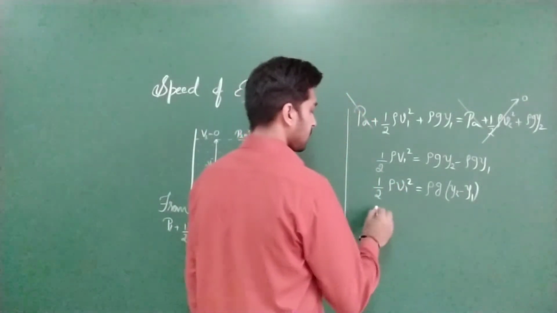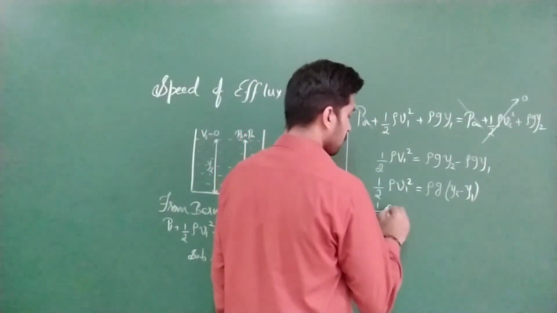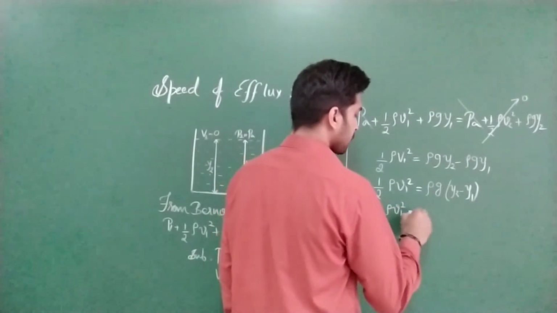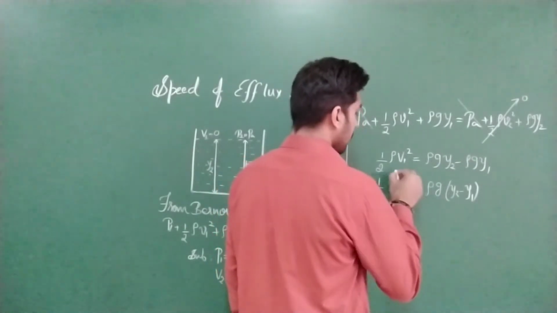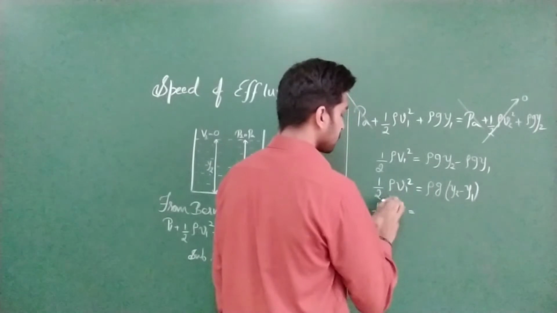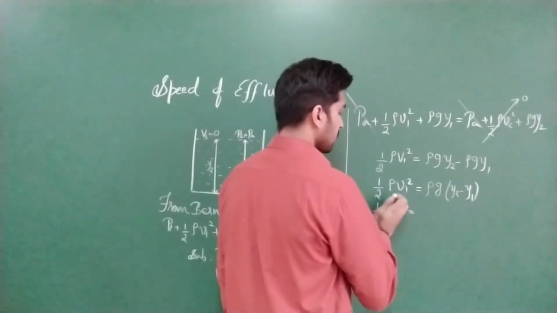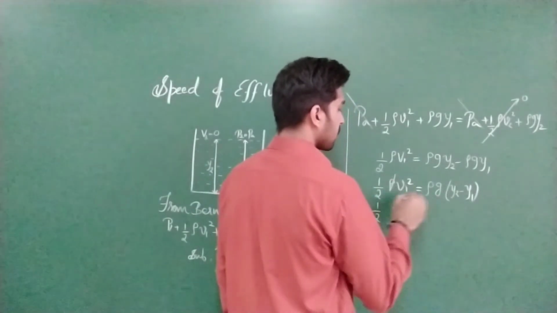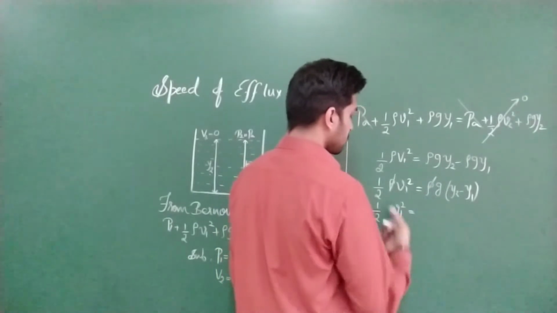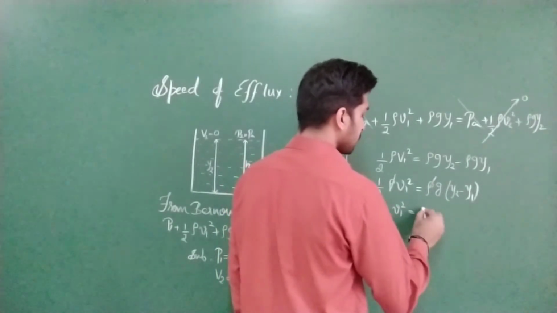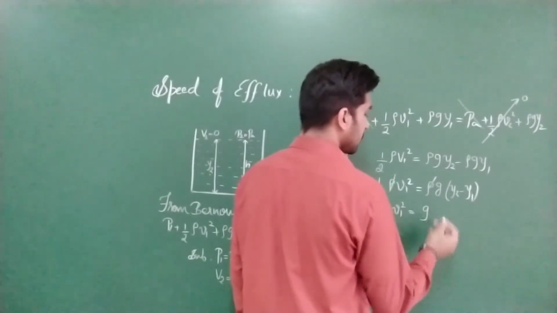Next, rho we can cancel, so half V1 square is equal to g into y2 minus y1.